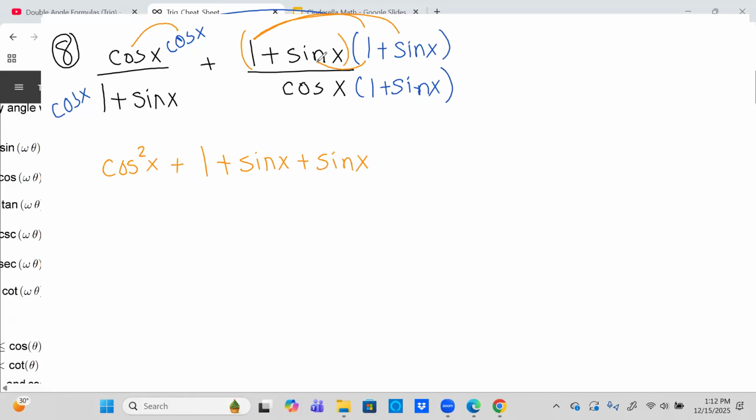And under sine times sine would be sine squared. And then the bottom would just be cos times 1 plus sine x. And it's all just one big fraction now because we got a common denominator.